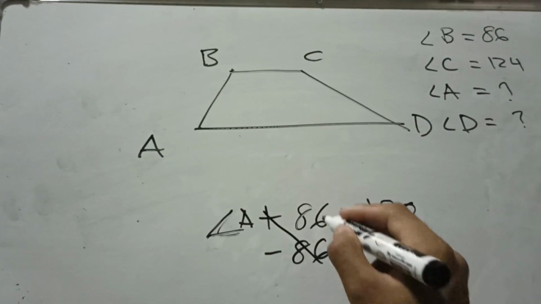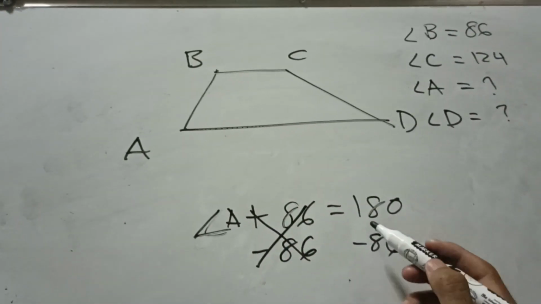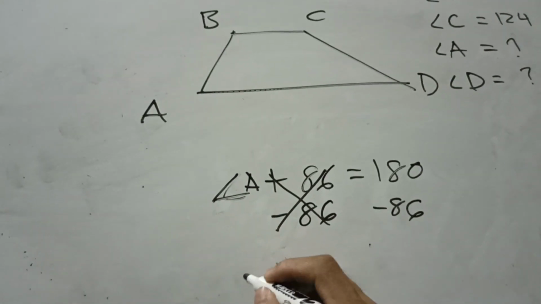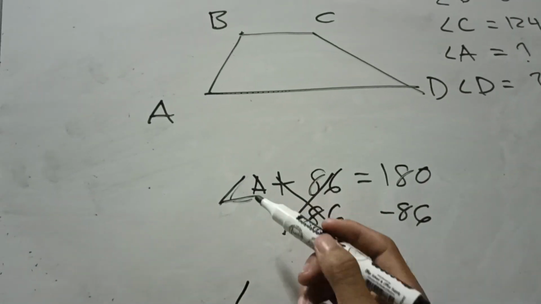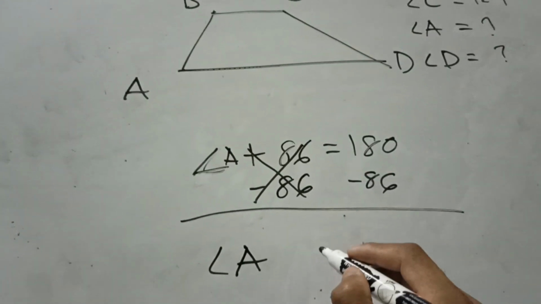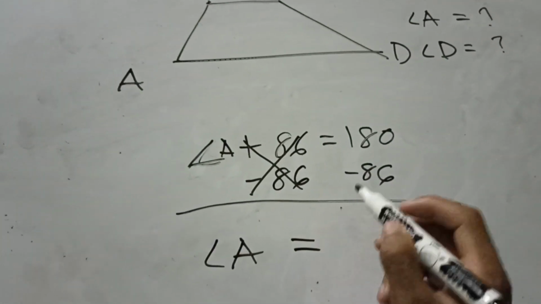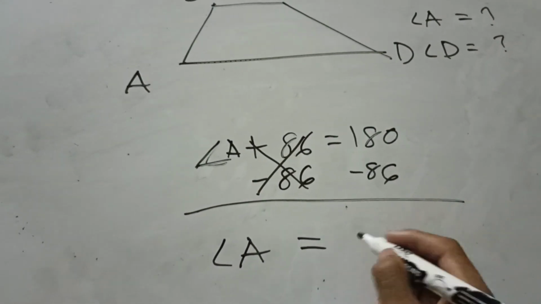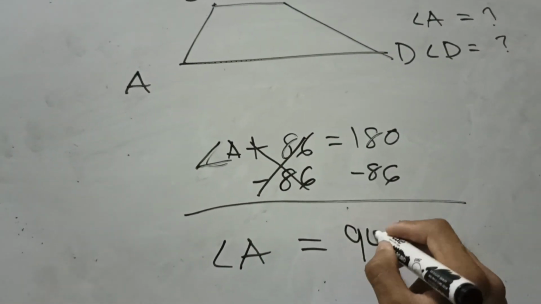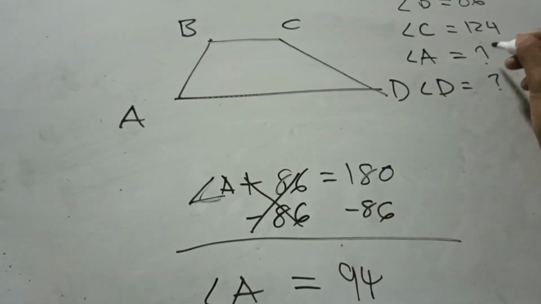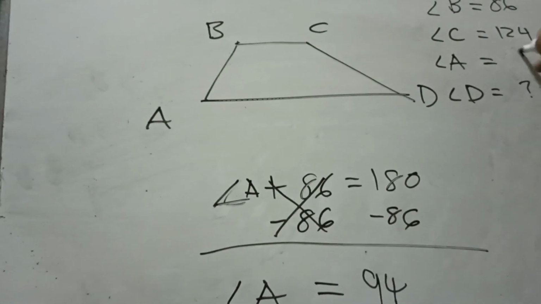This will cancel, and 180 minus 86 is equal to 94. So angle A is 94.